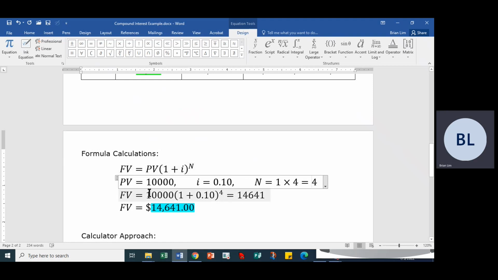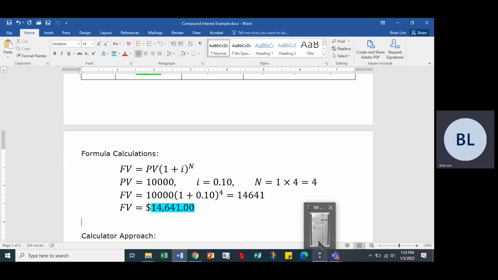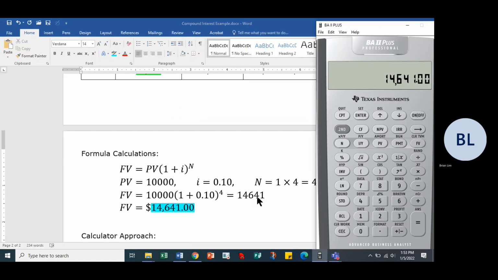Now we can insert it into this formula right here, and then it would give us the same result. All right, we could also demonstrate that on the calculator, which is right here. So let's add these numbers first. So we go 1 plus 1.10 equals 1.10.